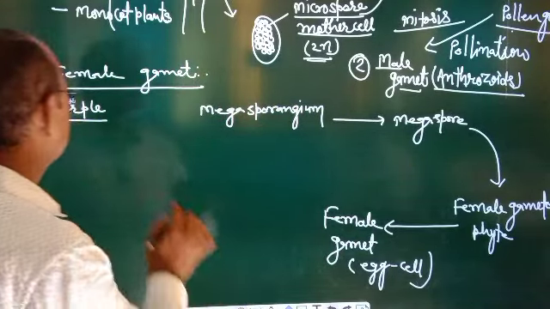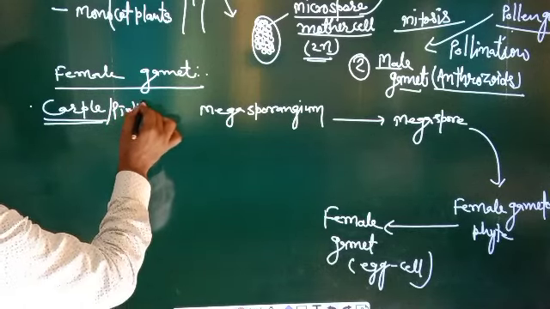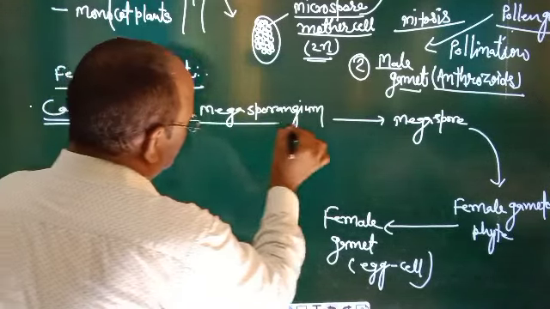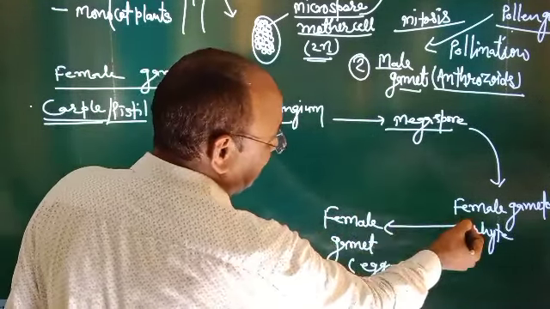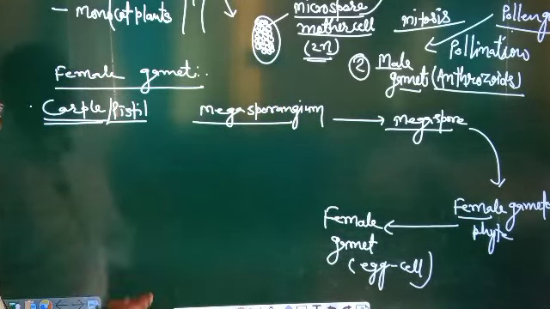Is that clear? One is carpel or pistil, second megasporangium, third megaspore, female gametophyte, and female gamete, which is called as egg cell.